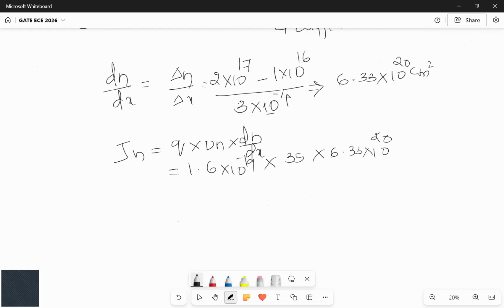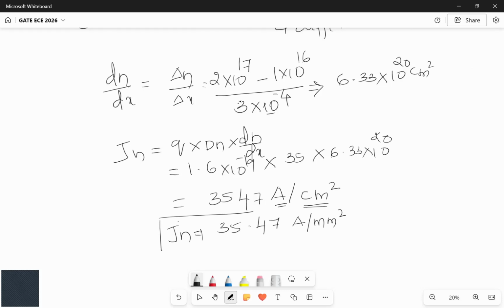This will come around 3547 ampere per centimeter square. Ampere is current, and per centimeter square is density. They are asking for two decimal places. So it is 35.47 ampere per meter square, not centimeter, because we have moved the decimal. So this is the answer or solution for this question.